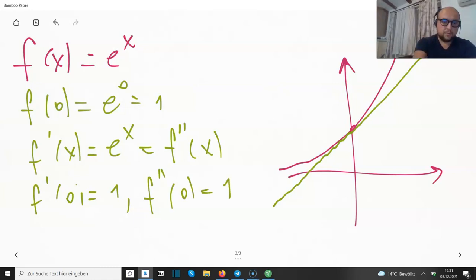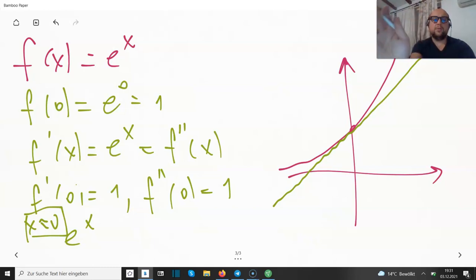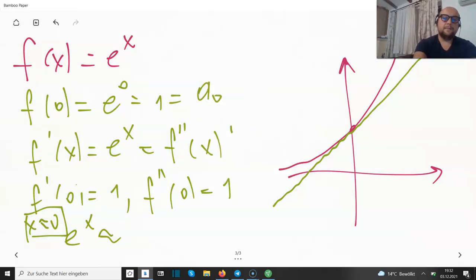So what do we know? Well, we know e to the power of x for x very close to 0 would be a0. A0 is, if you remember, f of 0. This is a1.